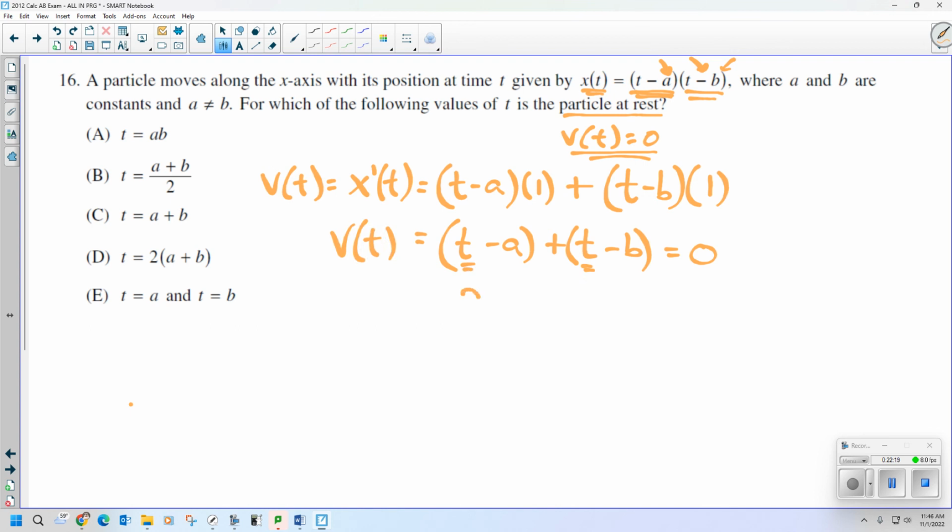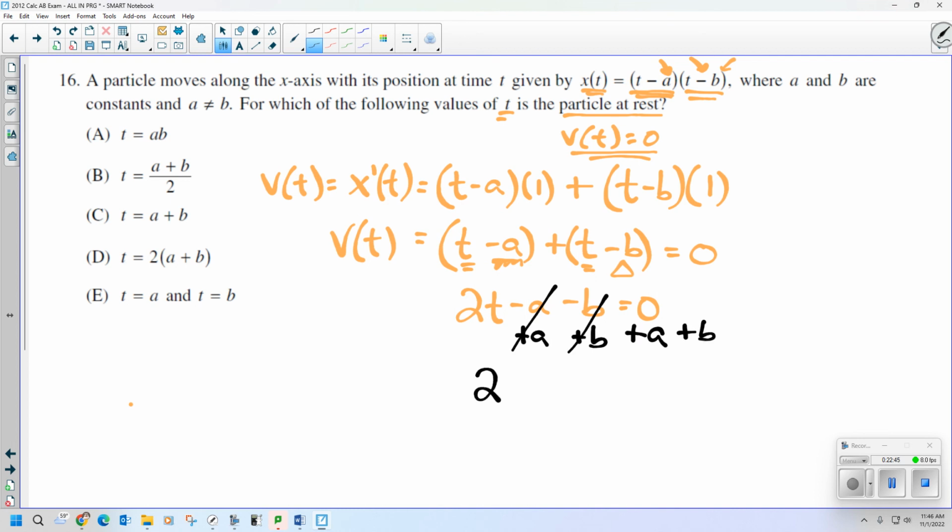Let's clean it up. 1t and 1t, that's 2t minus a minus b. I'm just putting different symbols underneath there so I know I got everything. All right, and a value of t. I'm just going to solve this for t. That's all I can do. Look at my answers. They all have a and b in them. So let's add a, add b, add a, add b.